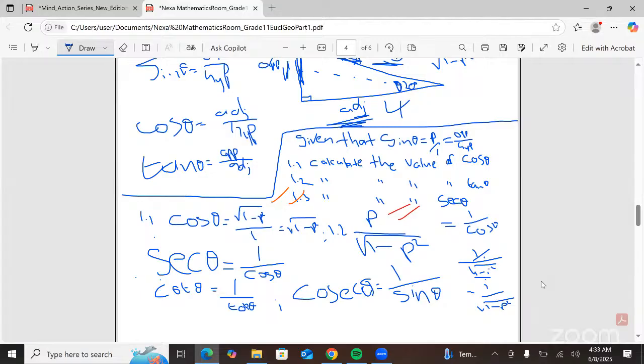So even if they ask you to calculate cot theta, you are going to calculate 1 over tan, if cosec, 1 over sine. Does it make sense? Yes, sir.